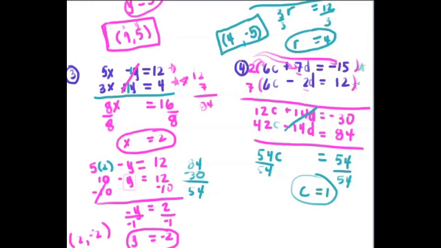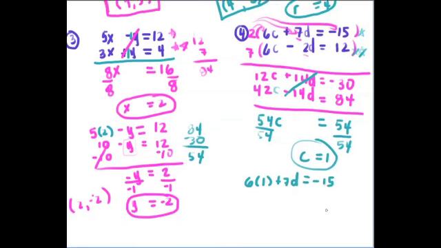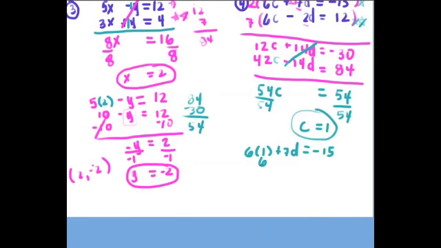Now what we do is we go into one of the equations. Everywhere you see a C, plug in a 1. So we're going to go to the original equations. If I use the first equation, I have 6 times 1 plus 7D equals -15. I have 6 plus 7D equals -15.